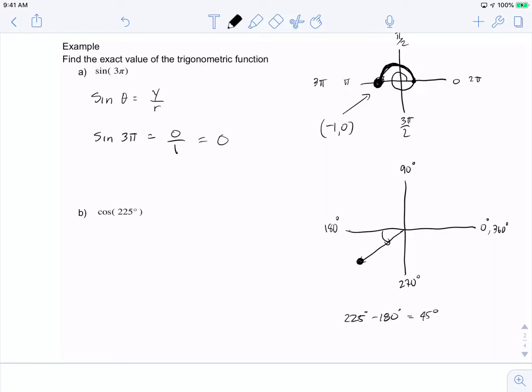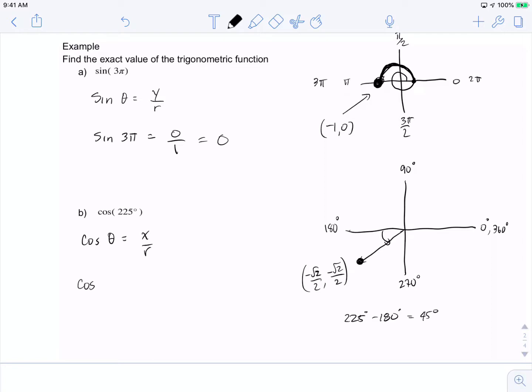So if I looked at the unit circle, I could see that this would be negative radical 2 over 2, comma negative radical 2 over 2. And so cosine, remember, cosine theta is x over r. Again, our radius here is 1.